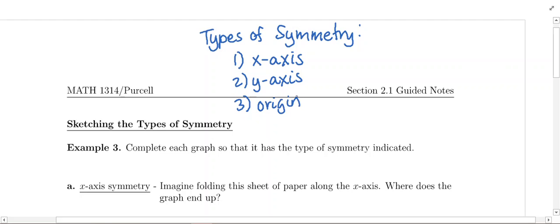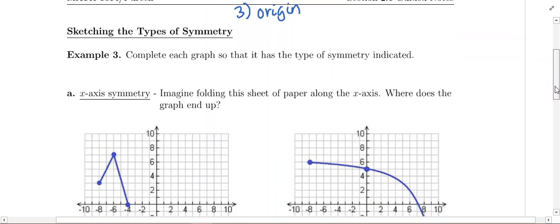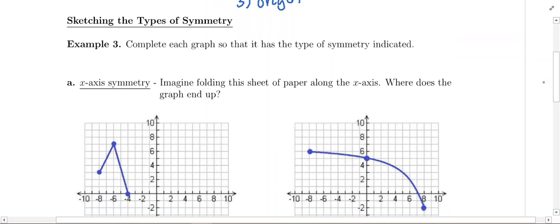So the reason that these two graphs are repeated 3 times is for each graph we're going to sketch its x-axis symmetry, its y-axis symmetry, and its origin symmetry. So we're just going through the 3 types of symmetry for both of these graphs. Let's take a look under sketching the types of symmetry.